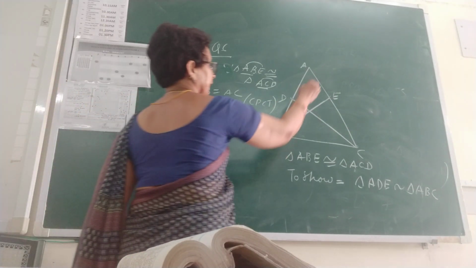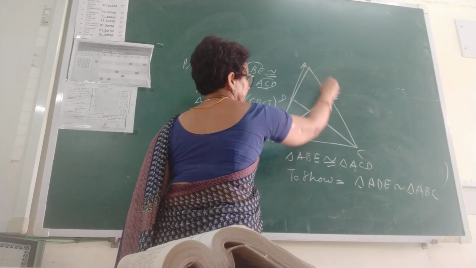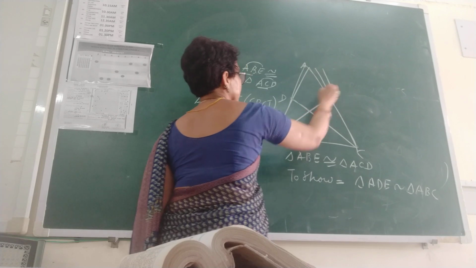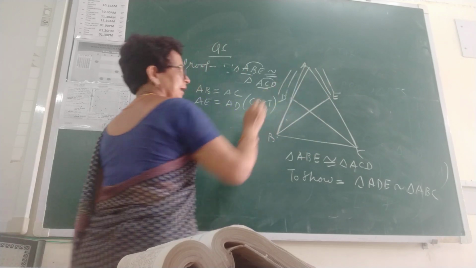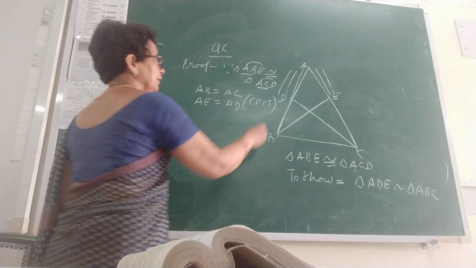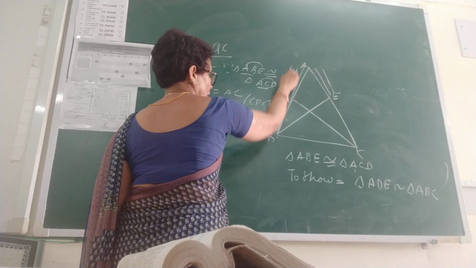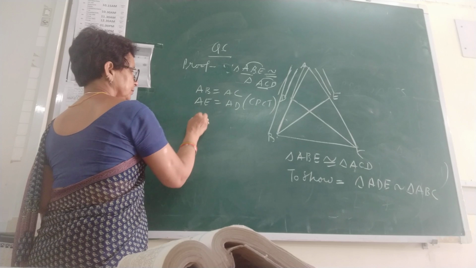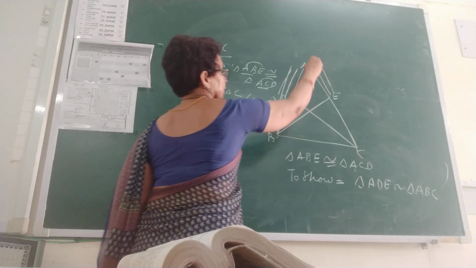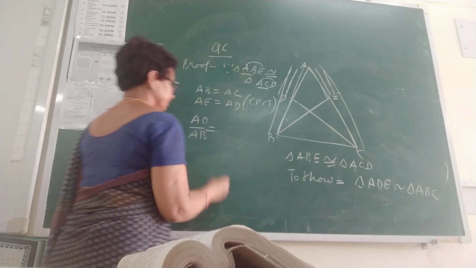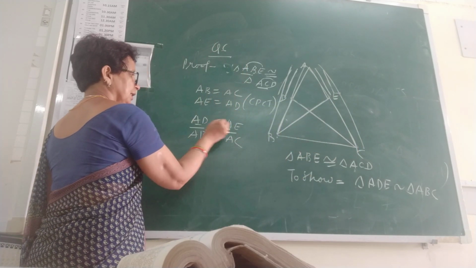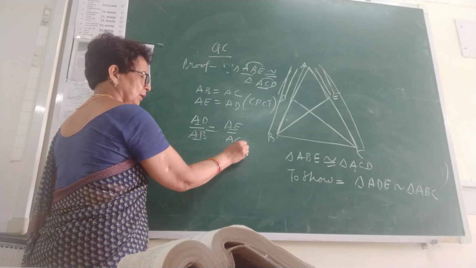If AB is equal to AC and AE is equal to AD, we can take the ratios of those sides. How do we take the ratio? AD upon AB is equal to AE upon AC. This is equal to this, this is equal to this.